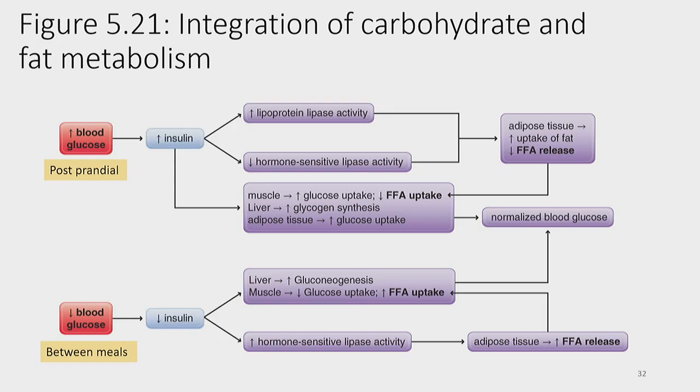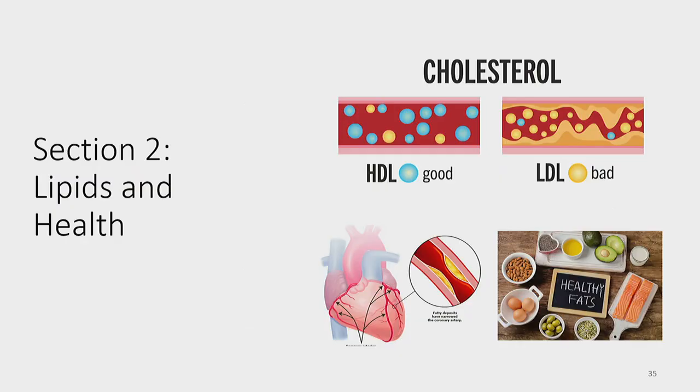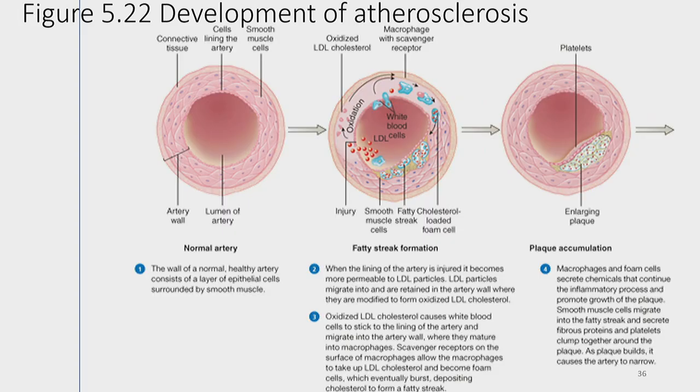So now we'll continue, and I will talk about the health effects of dietary fat. We'll talk about atherosclerosis. Atherosclerosis is a condition that damages the arteries, the blood vessels, and causes very serious issues, and we call it cardiovascular disease.